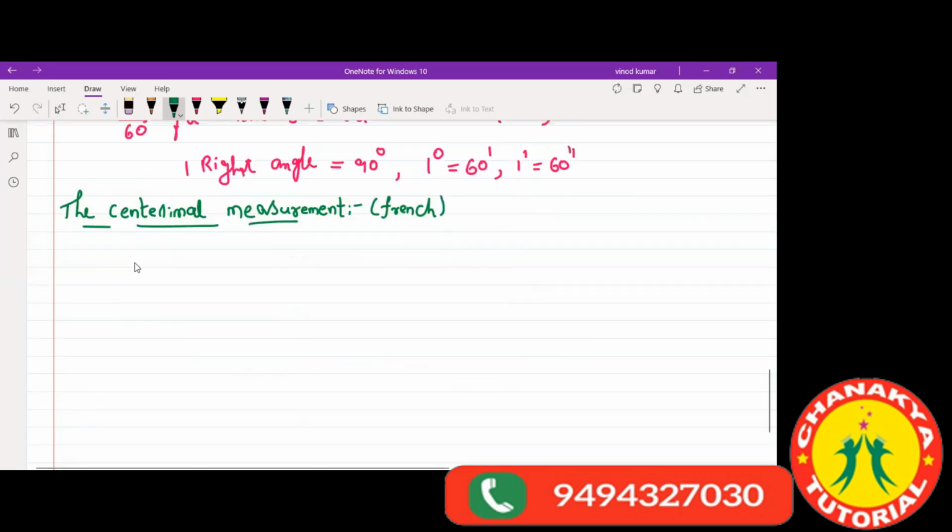Here it is 1 by 400 of a turn, and that is called a grade.